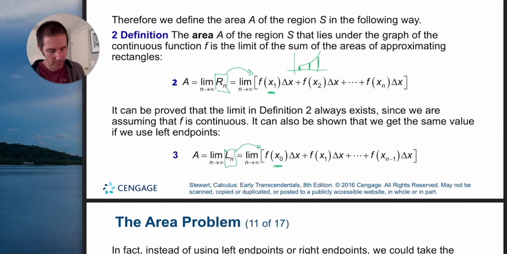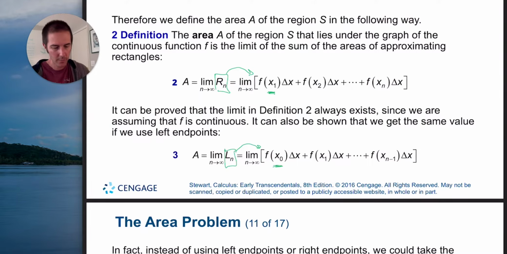I don't love that. I don't like my little diagram there. So really that's the primary difference, the x coordinate that we're using in order to find the height of the first rectangle and then each subsequent rectangle.